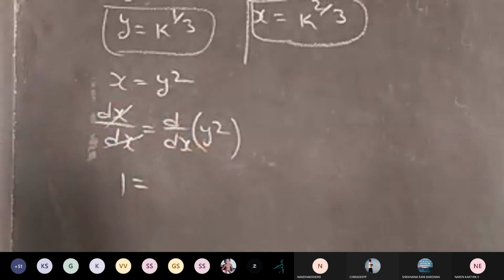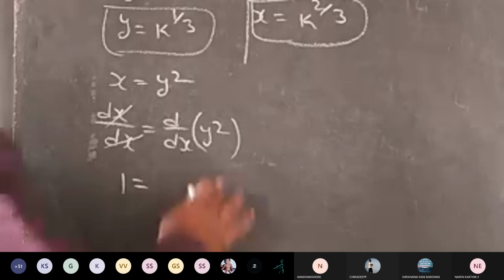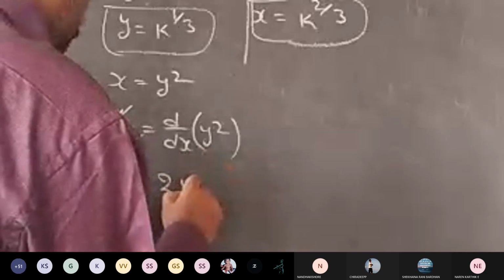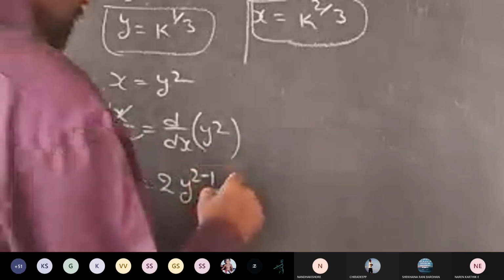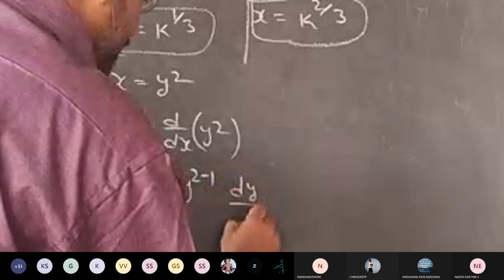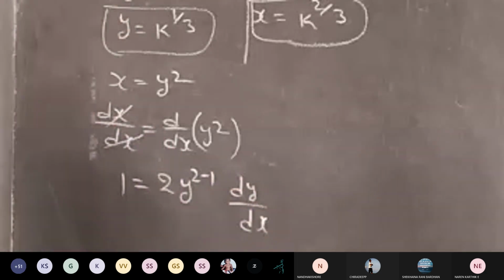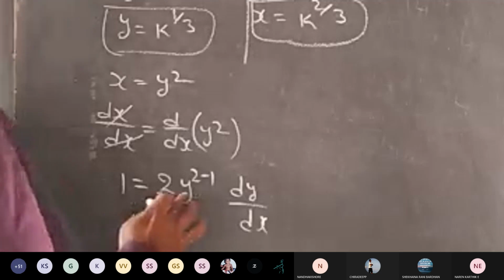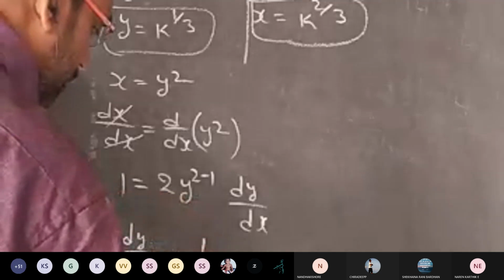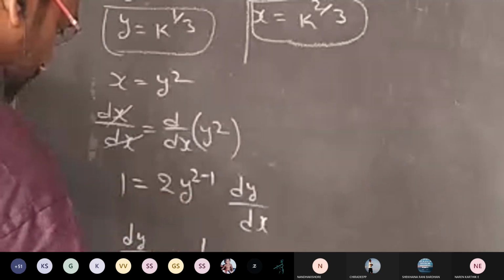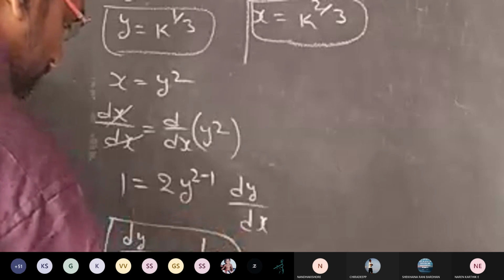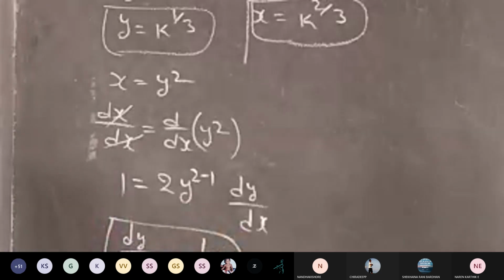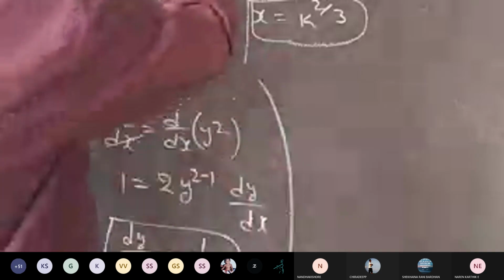Y square means, what is the formula? d by dx of x power n is n into x power n minus 1. So here 2 into y power 2 minus 1 into dy by dx. Here dy by dx is equal to 1 by 2y. So this is the slope m1. m1 is equal to 1 by 2y. In this equation, completed.